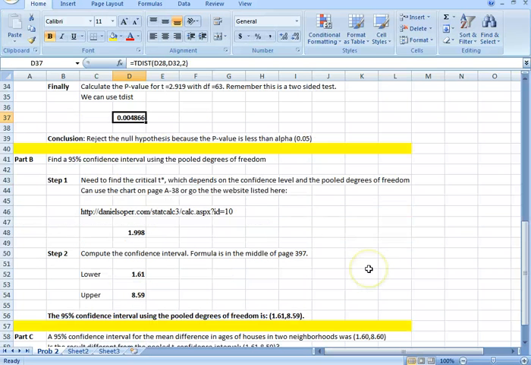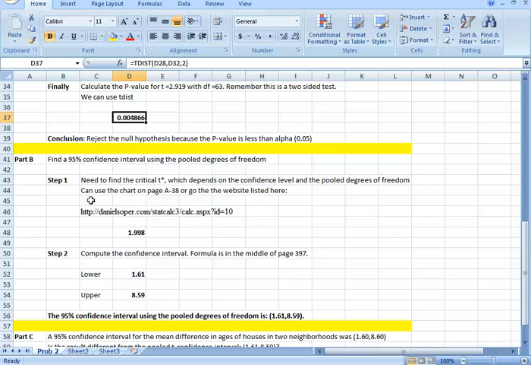In Part B, we're asked to find a 95% confidence interval using the pooled degrees of freedom. Okay, now step 1, need to find the critical T, which depends on the confidence level and the pooled degrees of freedom. We can use the chart in the back of the book, it would be on page A38, or I have a website here that we can use.